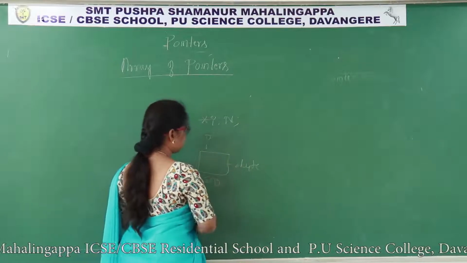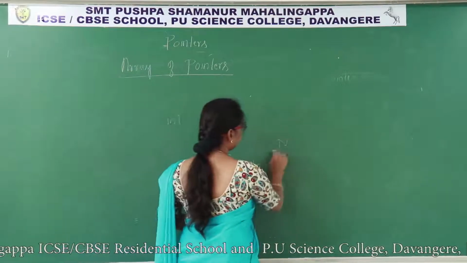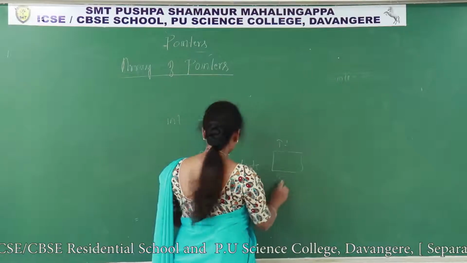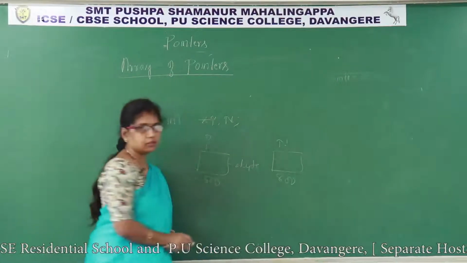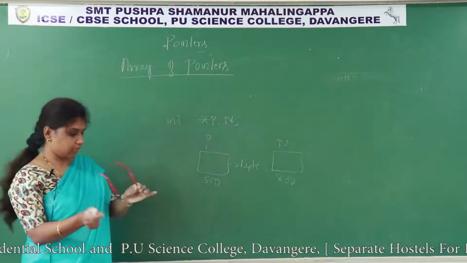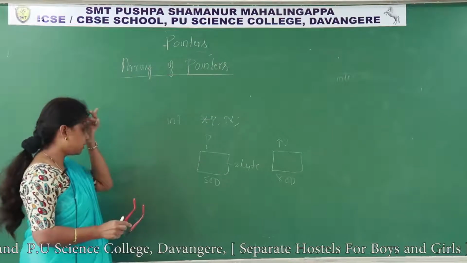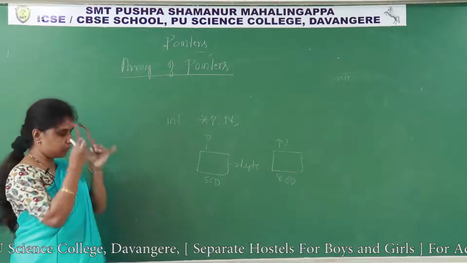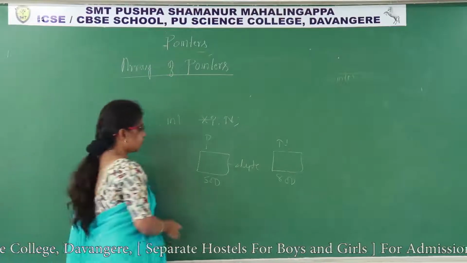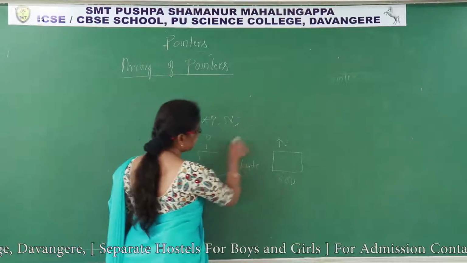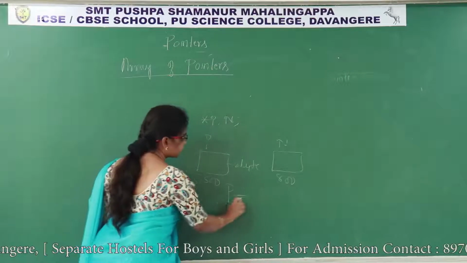Assume the address is 500. And n is a normal variable; let us consider the address is 800. To store the address of n into P, I have taken *P. How to store the address of n into P? We must write this instruction.